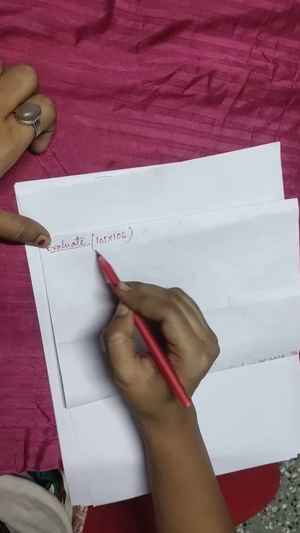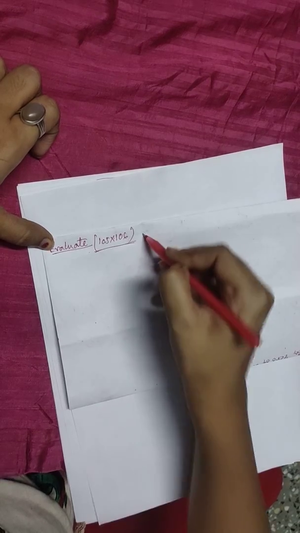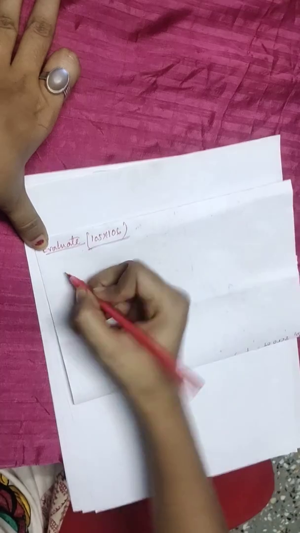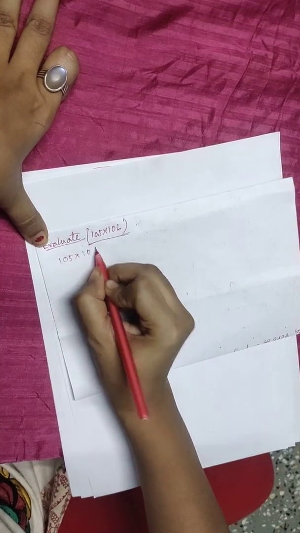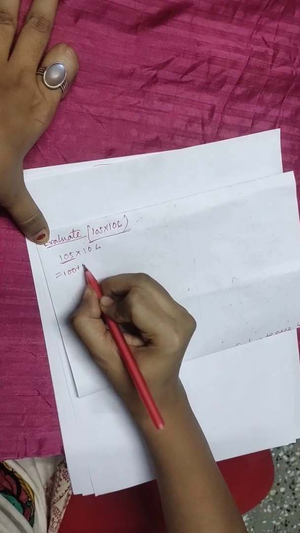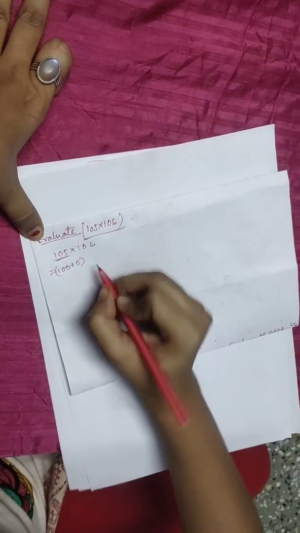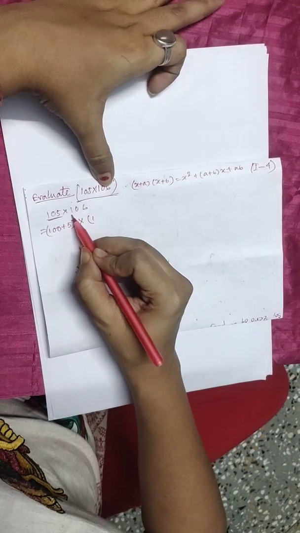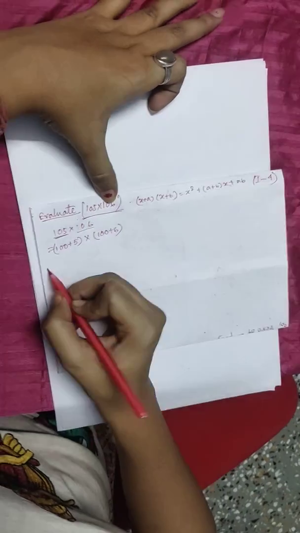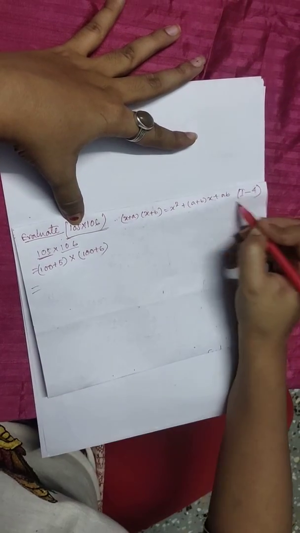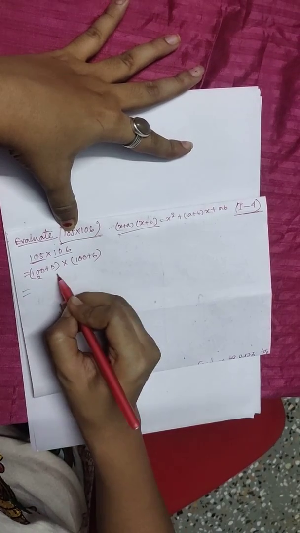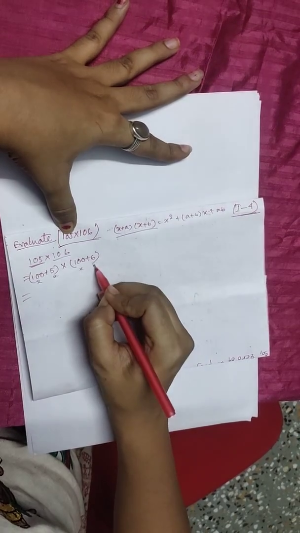Now, if I ask you to evaluate this without multiplying, how will you do this? By using the identity? Let's do this together. You can write it as 100 plus 5, okay, and you can write 106 as 100 plus 6. Now, by using identity 4, what will you get? Here it's x, it's a, it's x, it's b.